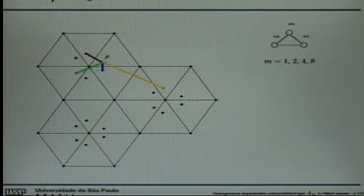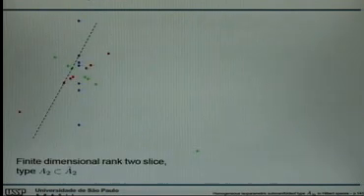So here we are taking this line. What are the curvature normals lying in this line? These three ones: one from the blue family, one from the green, one from the red. So in this case, we have a finite dimensional rank 2 slice of type A2, which is contained in our manifold of type A2 tilde.